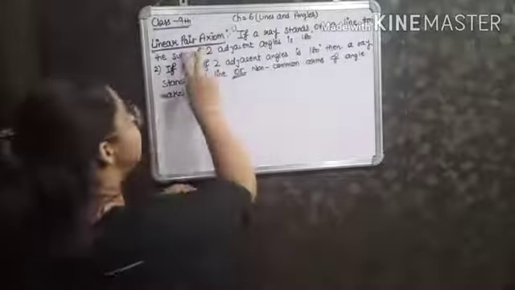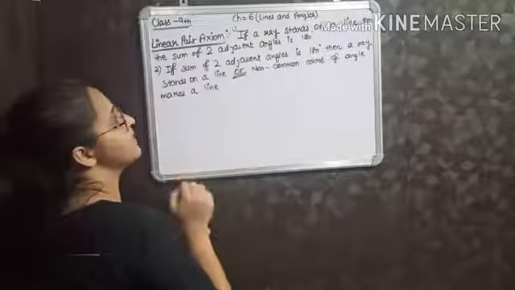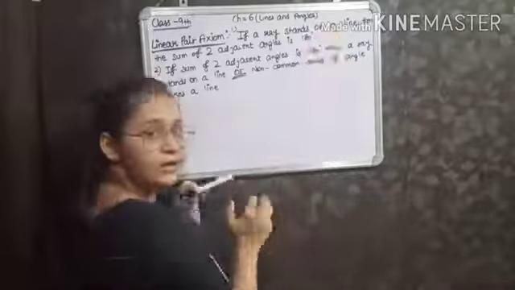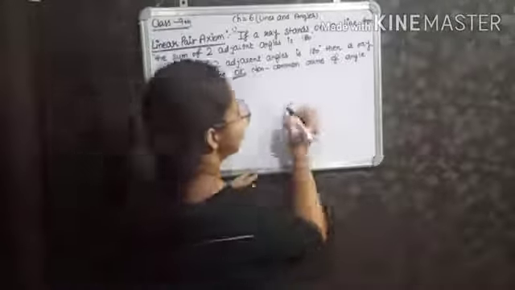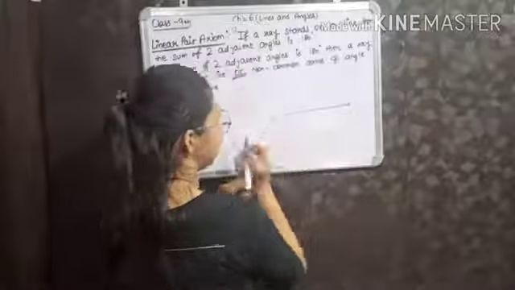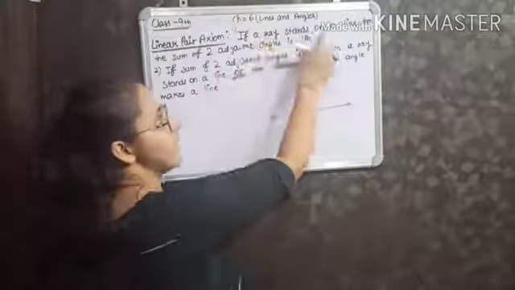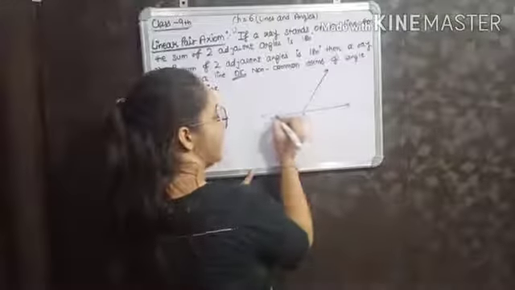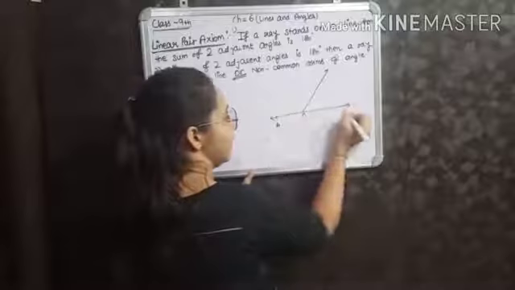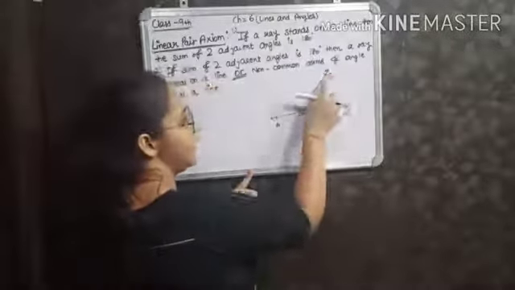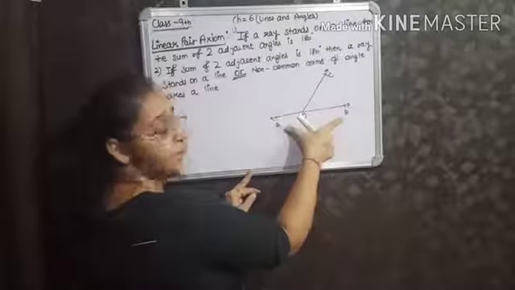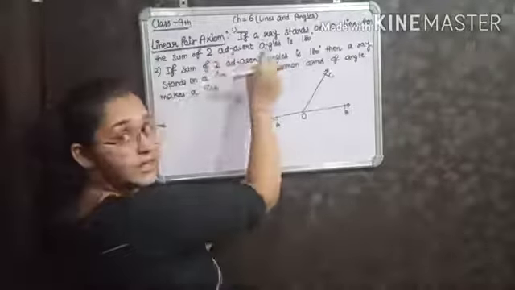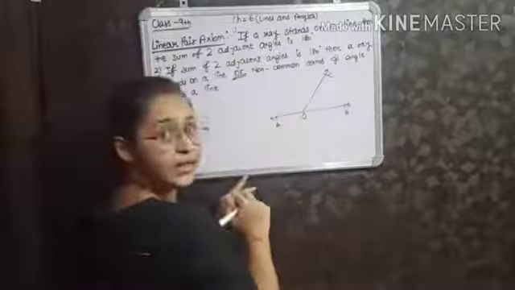Now, what is a linear pair axiom? Linear pair axiom says that if a ray stands on a line, it means we have a line, I am taking this line, and this is a ray, I am taking a ray OC, that is standing on a line AB. Then the sum of two adjacent angles, now what are these two angles?